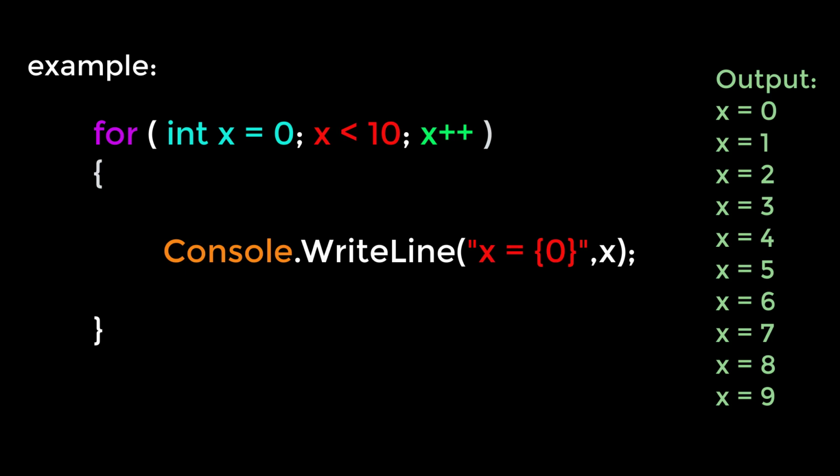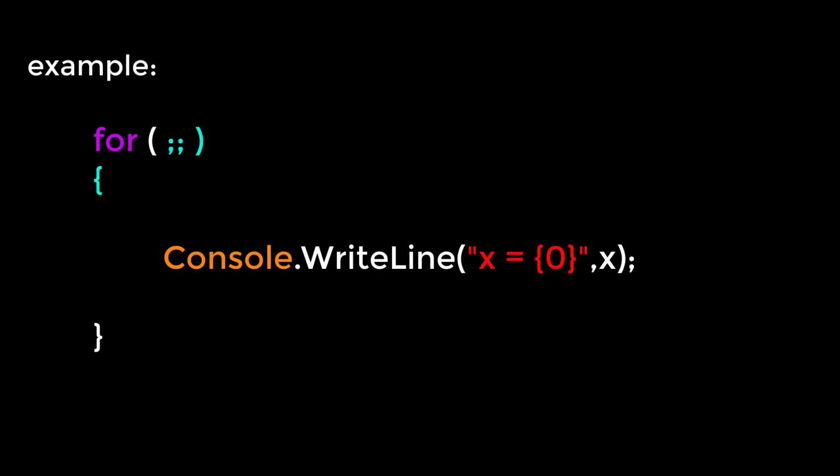But if you want to use a for loop as infinite, you can remove the initializer, condition, and increment. It looks like this: for, and then a semicolon, and a semicolon, and that's how it will execute infinitely.